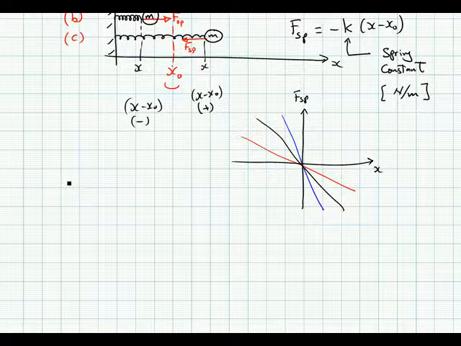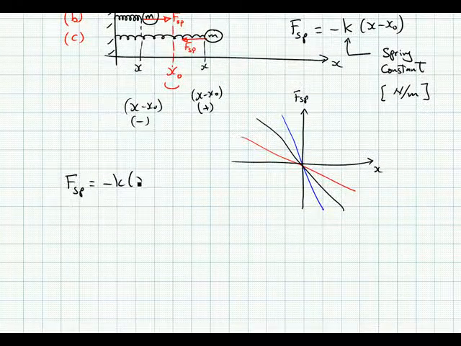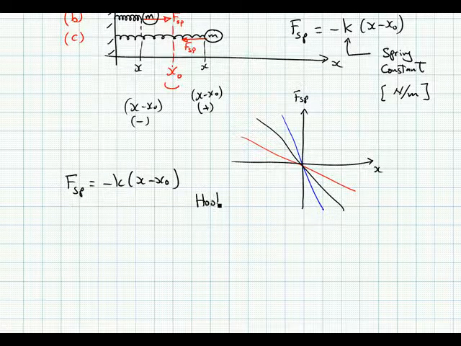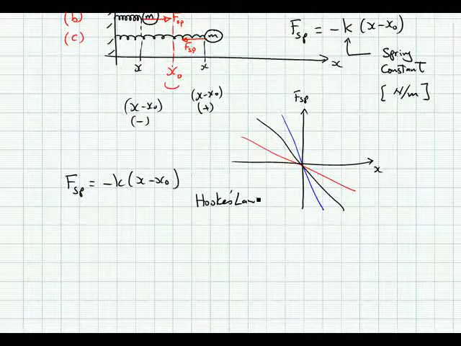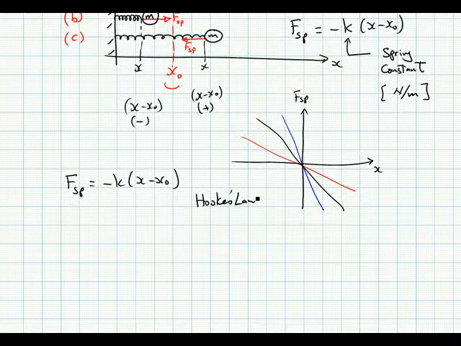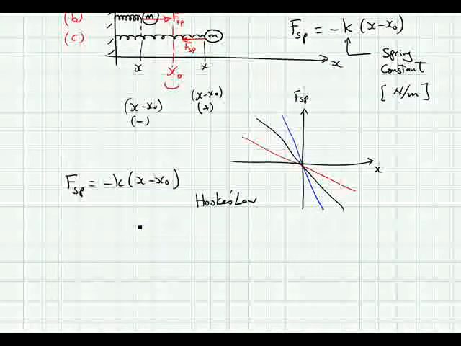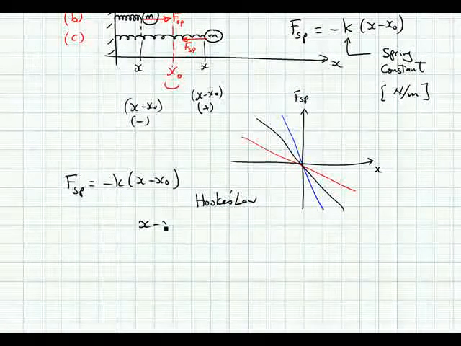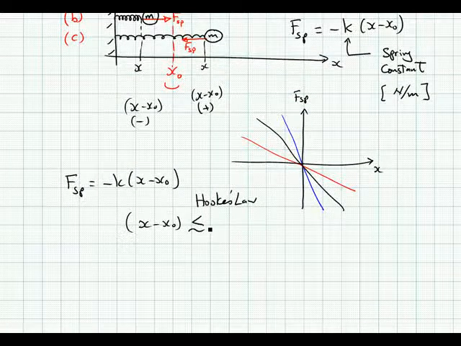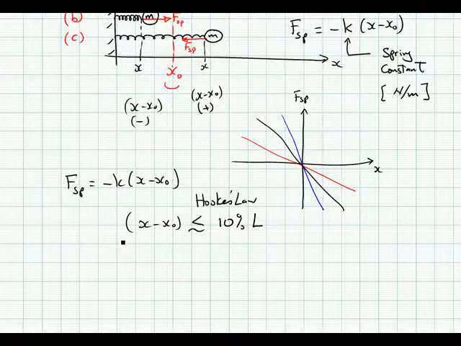Now this relationship, F spring equals minus k(x minus x naught), is known as Hooke's law. Although it's referred to as a law, strictly speaking it is not a law, because it's only valid for x minus x naught in the range of 10 to 15% of the length of the spring.